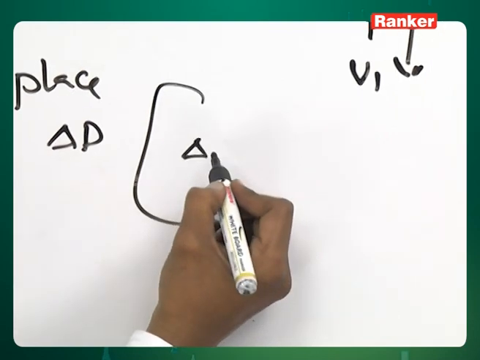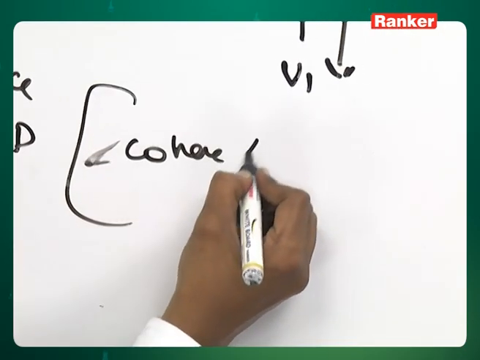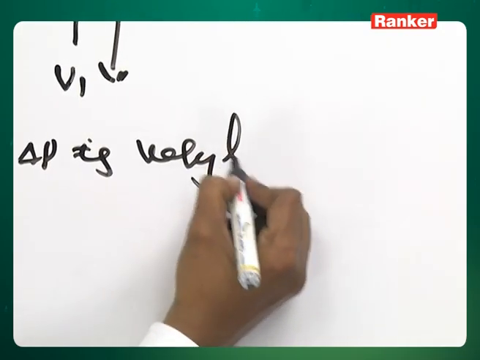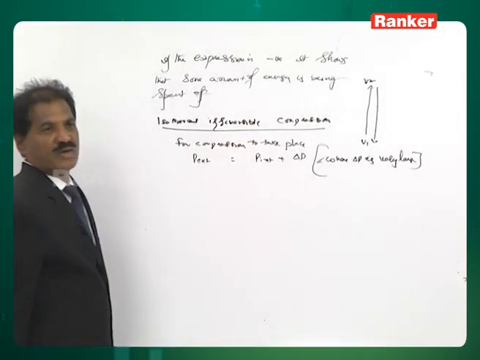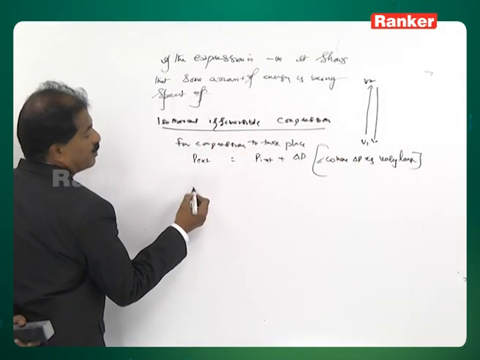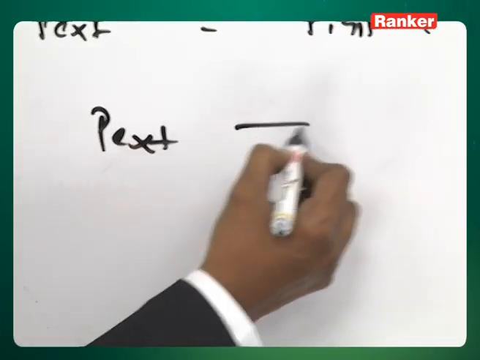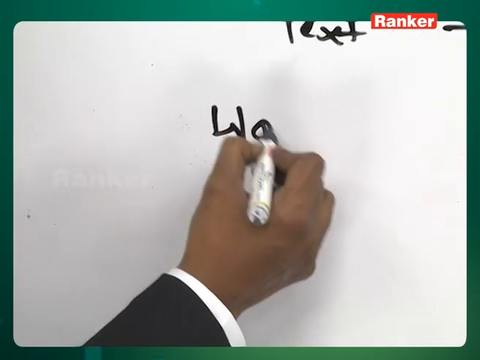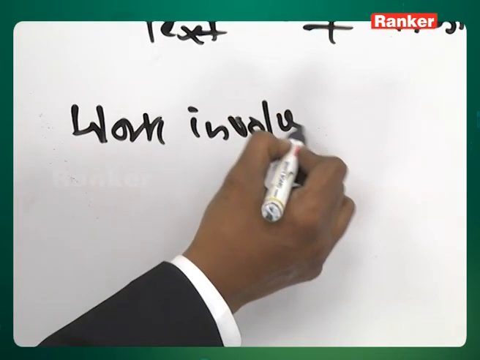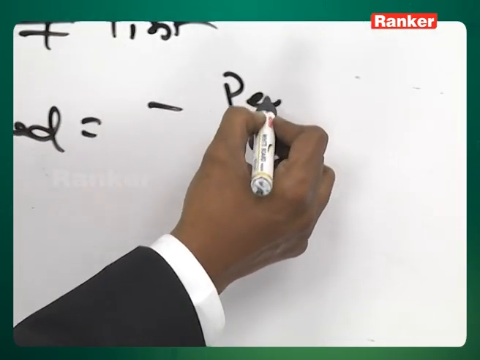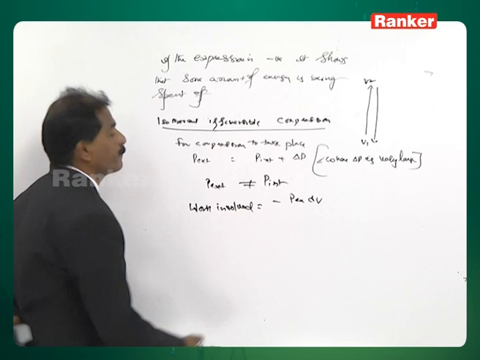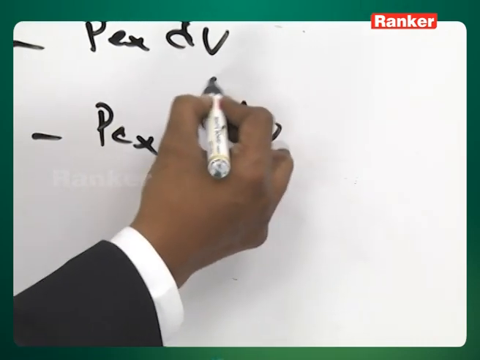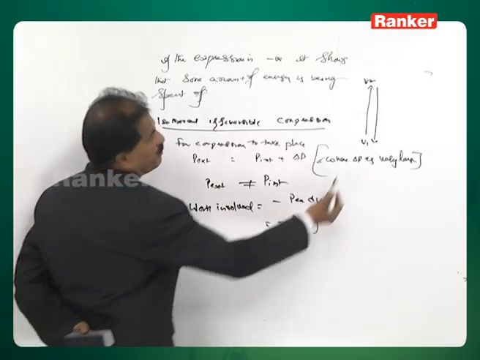Here del P is very large. That means P external is not equal to P internal. Next, work involved is minus P external dV, because gas is undergoing compression from V2 to V1.